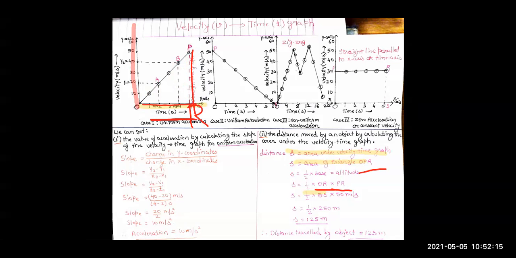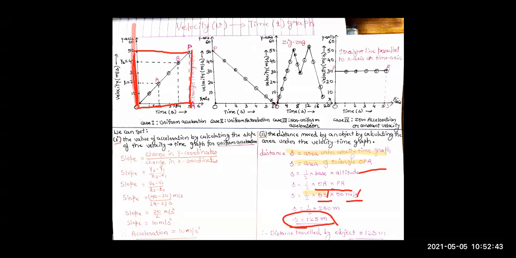The base value, if you check this in the graph, is 5 seconds. PR is the height, so the height is 50 meter per second. Seconds get cancelled. 5 into 50 is 250, and half of 250 is 125 meter.